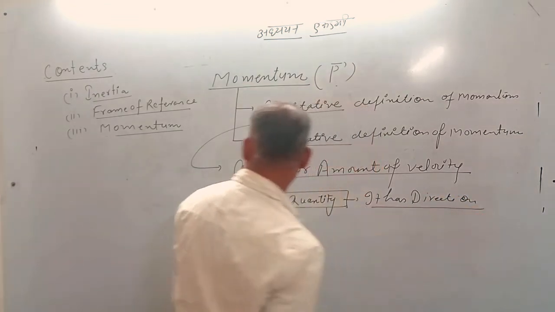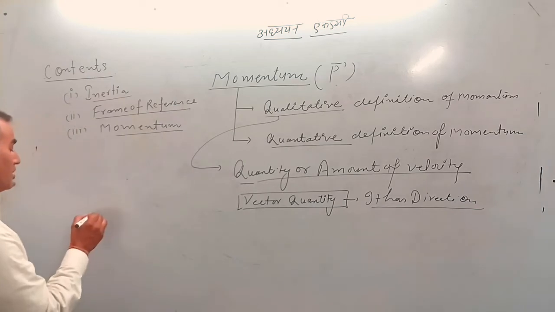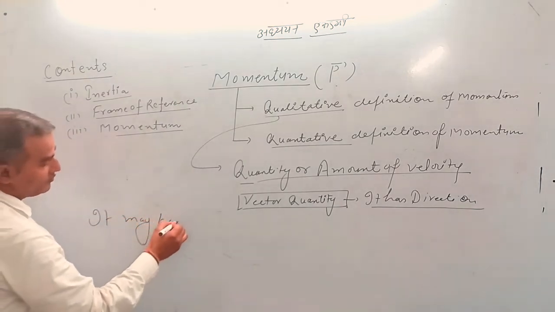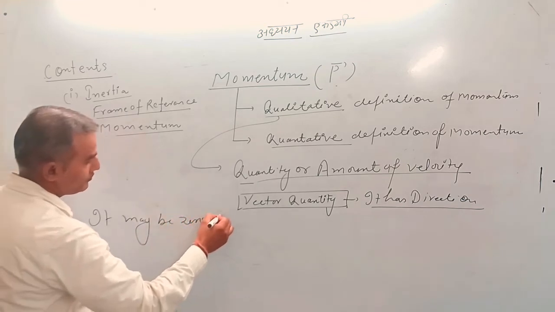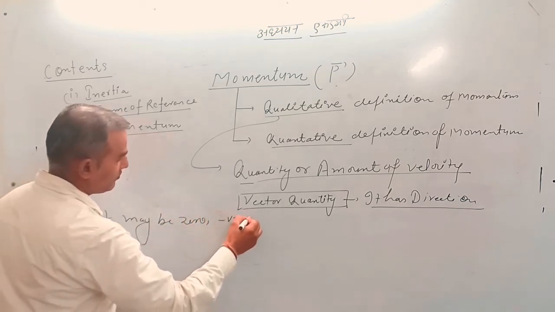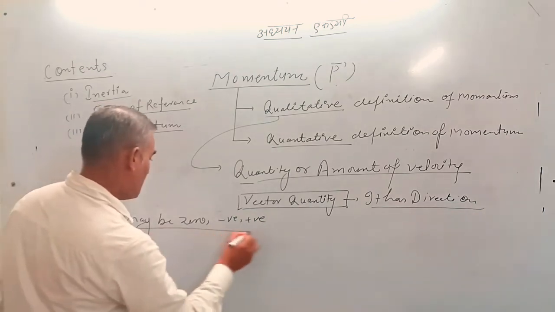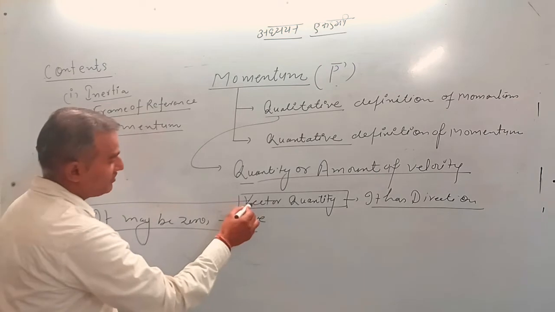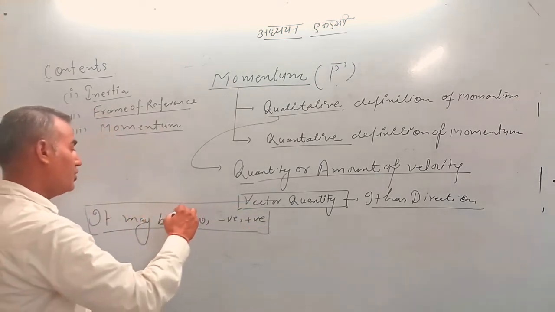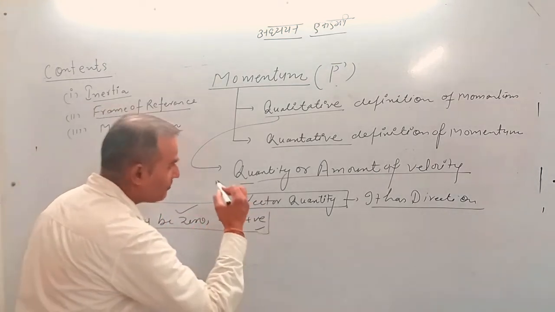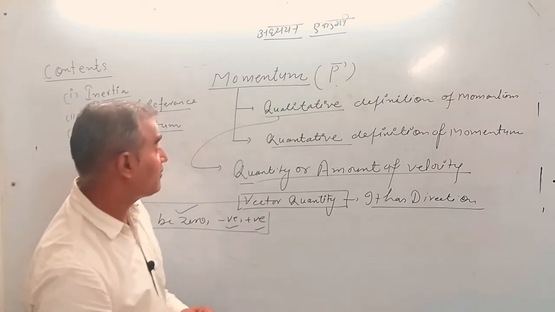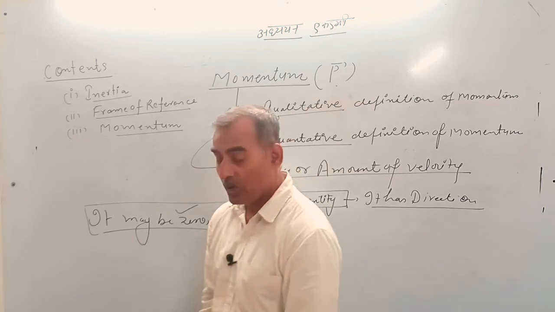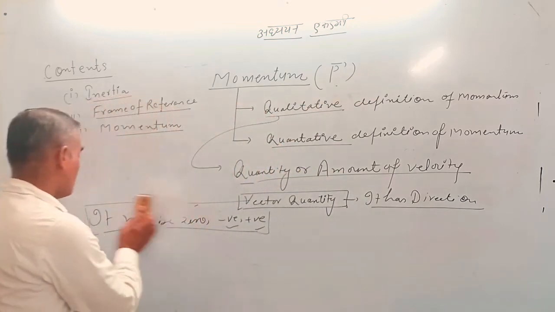If it has direction, then it may be 0, negative or positive. वेक्टर तीनों हो सकता है, 0 हो सकता है, नेगेटिव हो सकता है, पॉजिटिव हो सकता है। ये है इसकी क्वालिटेटिव डेफिनेशन.